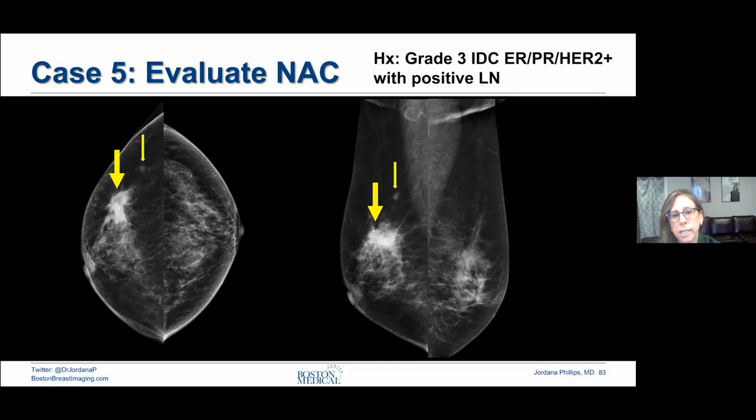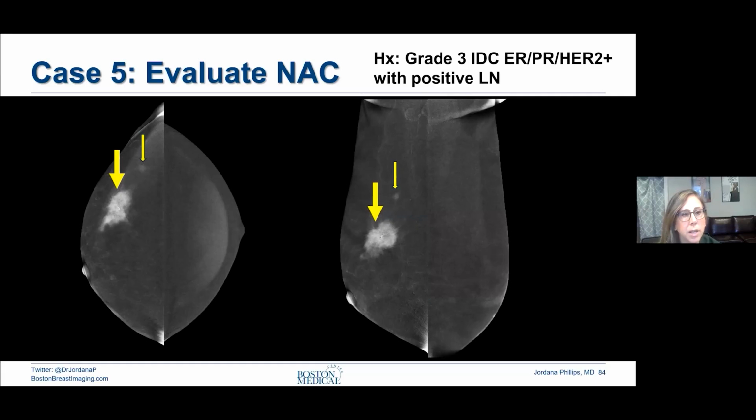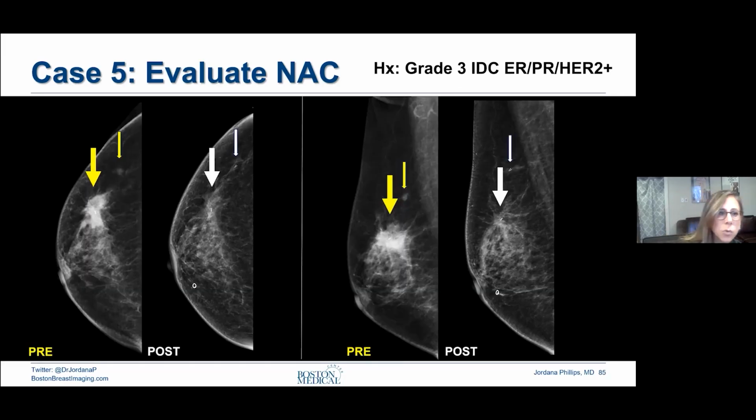This is an example where the contrast mammo was used to see how the patient responded to treatment. These are the recombined images initially before treatment, which show the cancer and the node, and this is what we see after treatment. The images in yellow are the pre-treatment images, and the images with the white annotations are post-treatment.